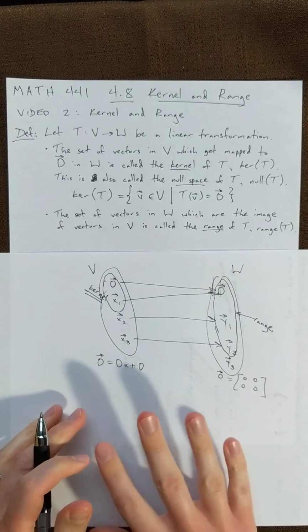Okay, let's look at an example. Let's start with a nice simple one. We've seen before the function which represents the derivative. So the derivative of ax squared plus bx plus c is equal to 2ax plus b.